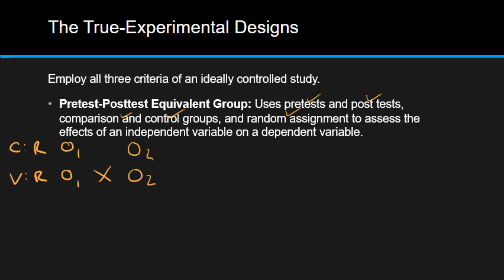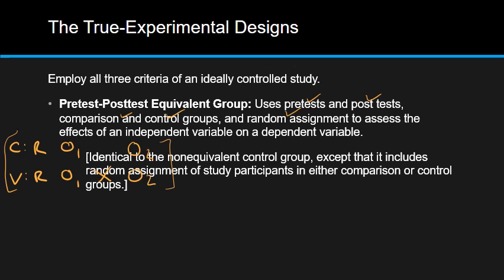So that is a pre-test, post-test equivalent group. So this is ideal. This is kind of what we would hope, but things happen. So it's equivalent to the non-equivalent control group. So it's kind of the same as what we looked at last time in the last slide, except that it includes random assignment of study participants in either comparison or control group.